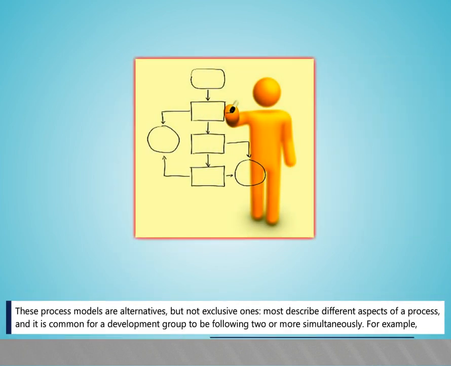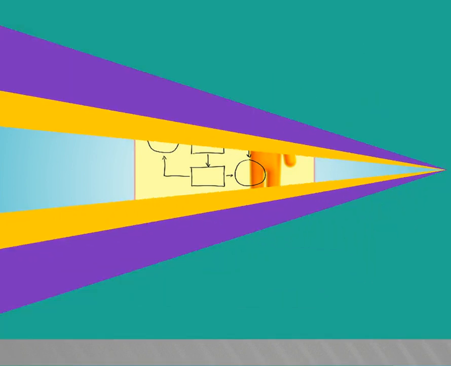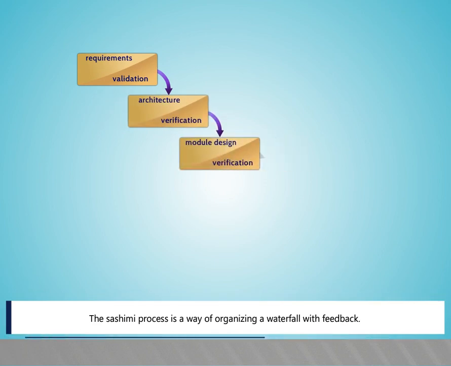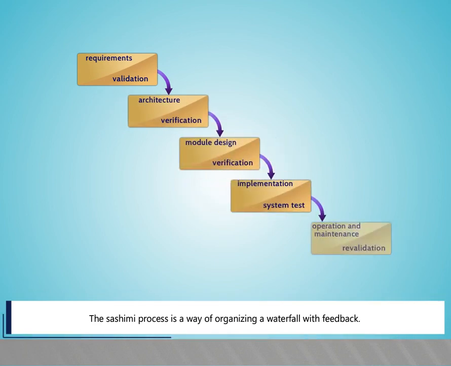These process models are alternatives but not exclusive ones. Most describe different aspects of a process, and it is common for a development group to follow two or more simultaneously. For example, the sashimi process is a way of organizing a waterfall with feedback.